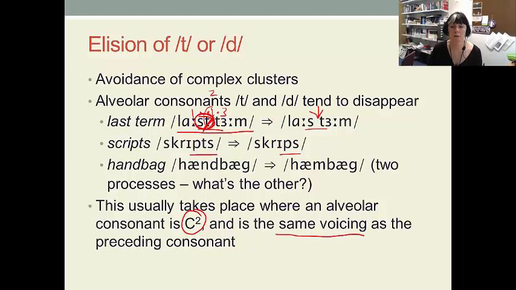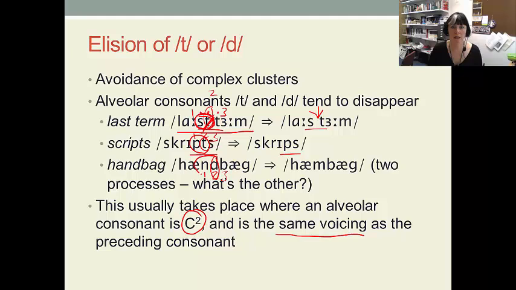It's the same thing for scripts. I have my group of consonants, 1, 2, and 3. The T is the second one, so it's right in the middle there, and it agrees in voicing with the preceding sound. And in handbag, I've got 1, 2, 3 consonants. The D is the second one.